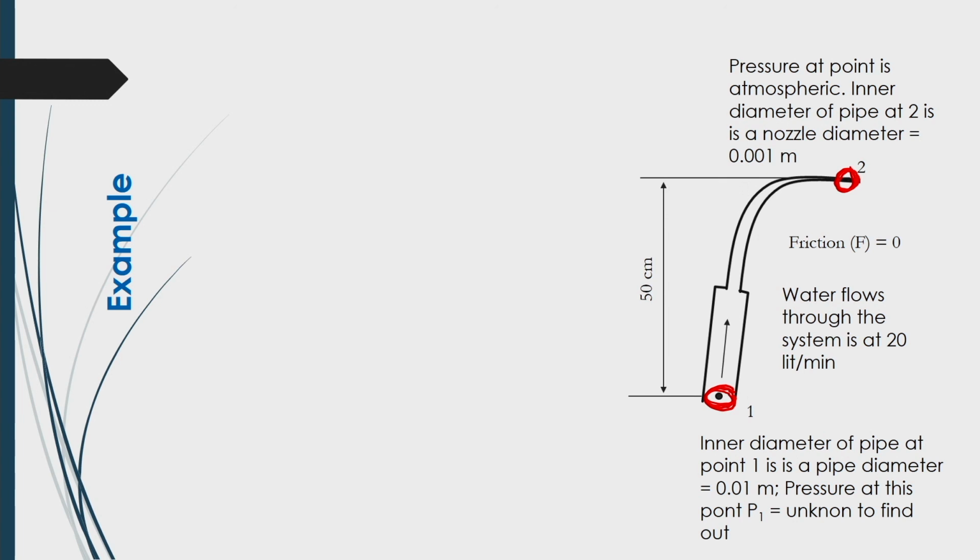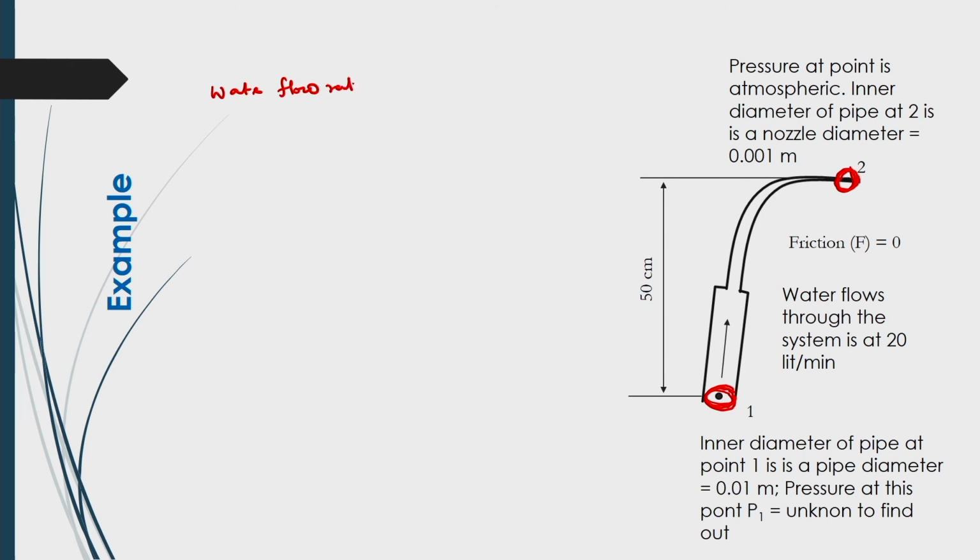Now you have to find out the pressure at point 1 in the pipe. So let us again apply Bernoulli's equation. Before that, we first have to calculate the water flow rate as a volumetric flow rate in the SI system, meter cube per second.